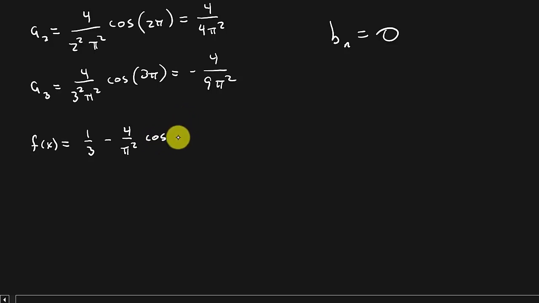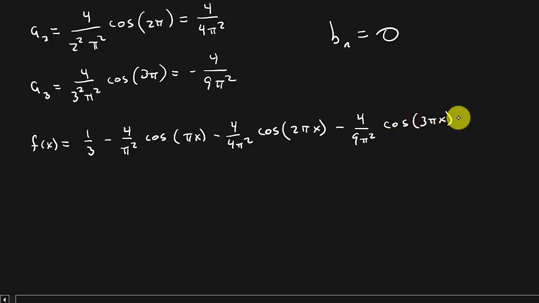This is a sub 1, so n is 1. So that's cosine pi x minus 4 over 4 pi squared cosine. Remember, L is 1, so there's not a denominator down there. That's going to be 2 pi x minus 4 over 9 pi squared cosine 3 pi x minus dot dot dot.